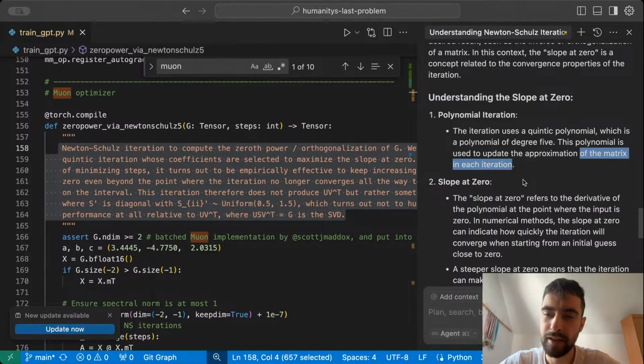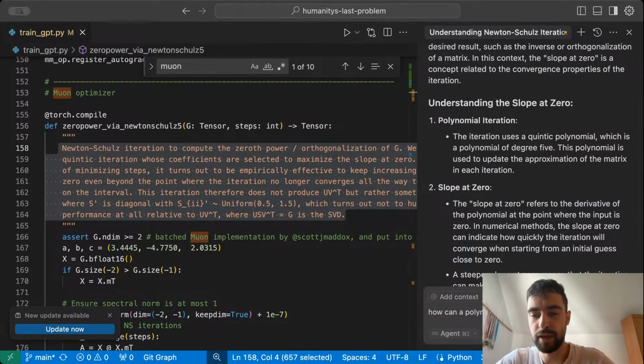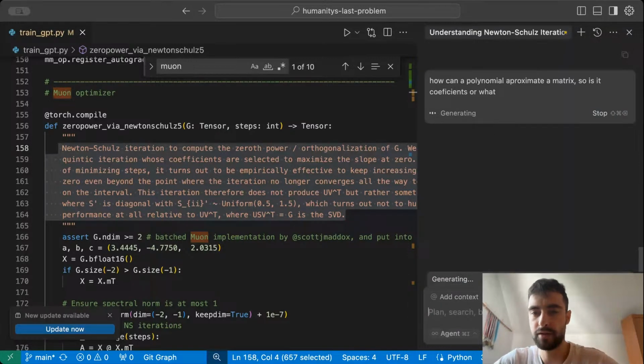I don't get it. Wait. First of all, how can a polynomial approximate a matrix? So is it coefficients or what?